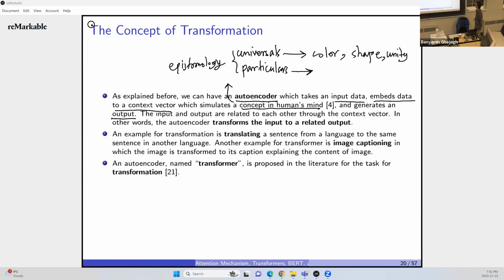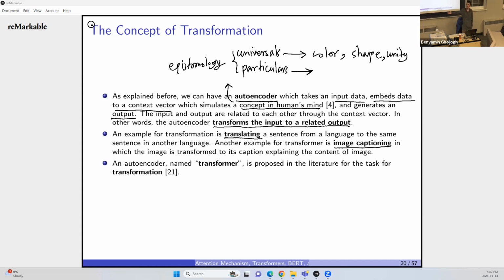Where were we? Okay. In other words, the autoencoder transforms the input to some related output, as we saw. An example of this transformation is translation of one sentence to another, from one language to another language, right? Another example is image captioning.